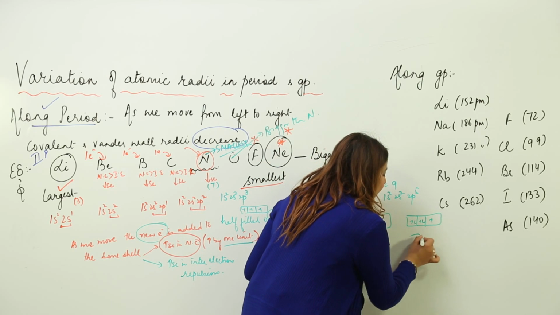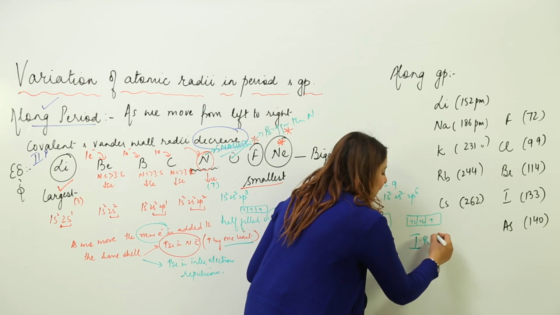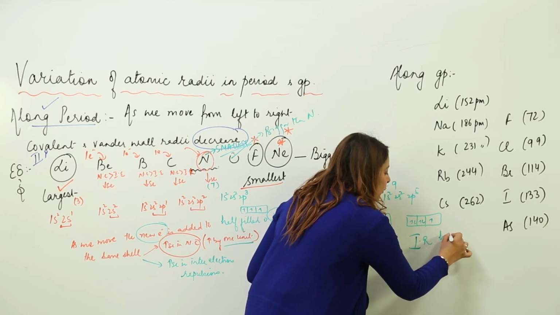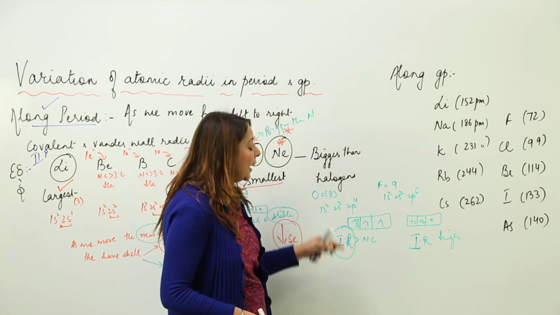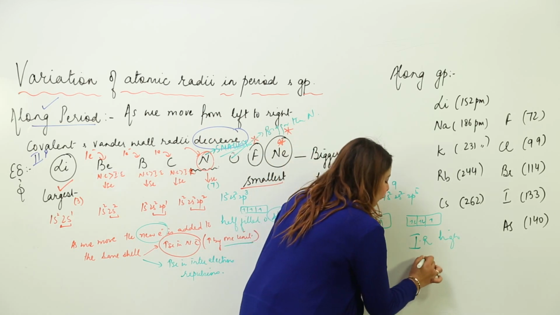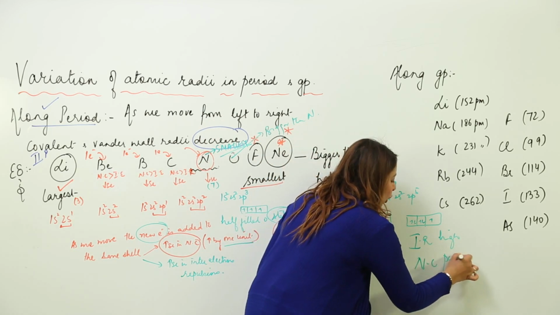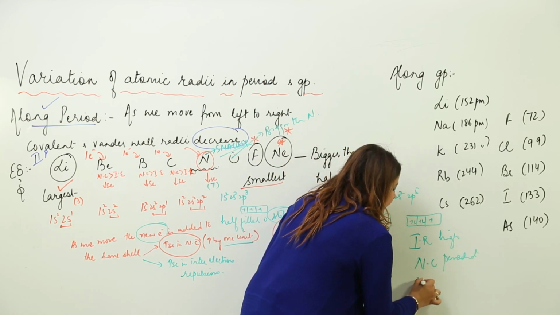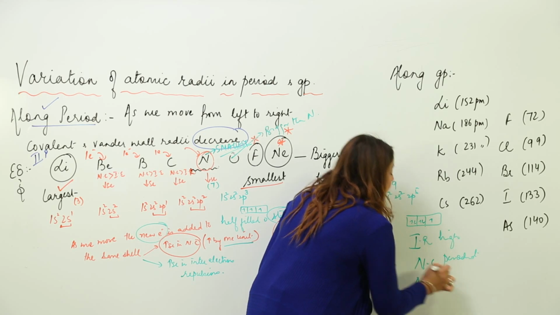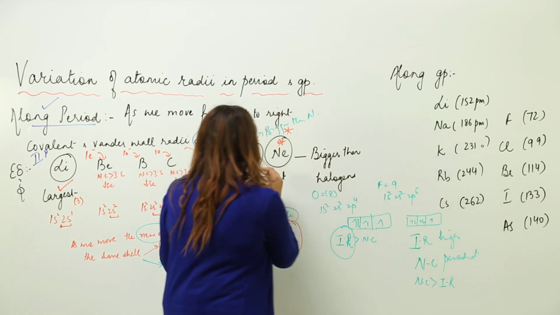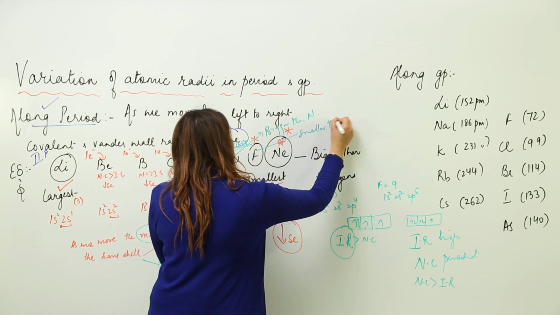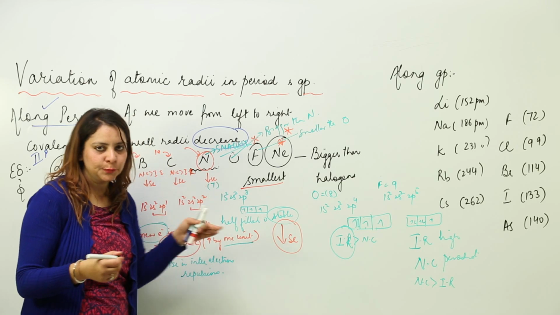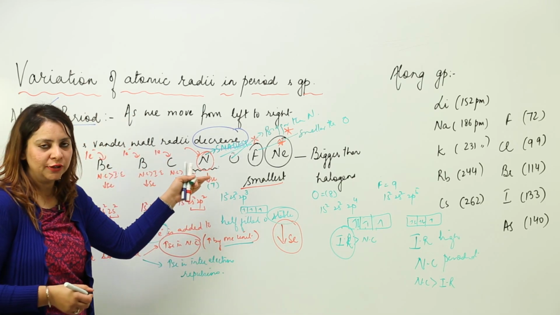Though the inter-electronic repulsions have quite a high value, due to filling of one more electron in the same shell, the effect of nuclear charge is more predominant. That is the reason it is smaller. So fluorine is smaller than oxygen as per the trend we were following.